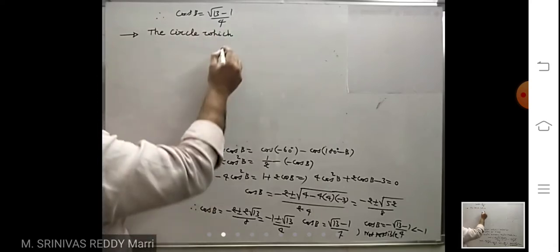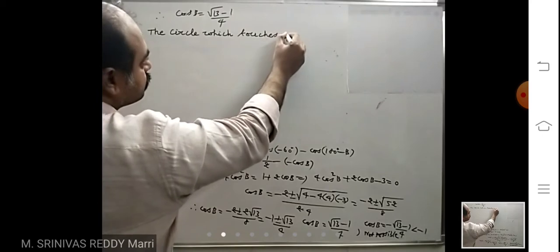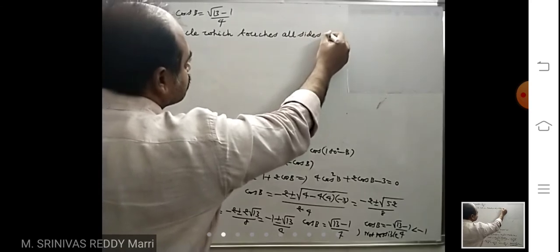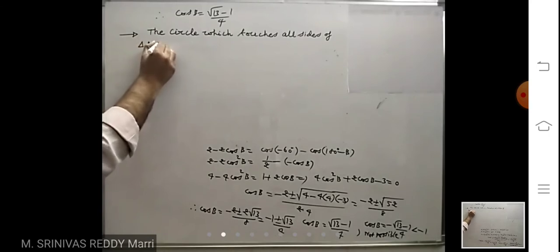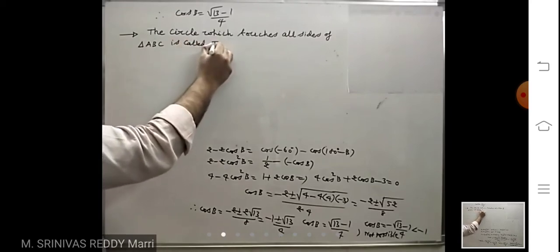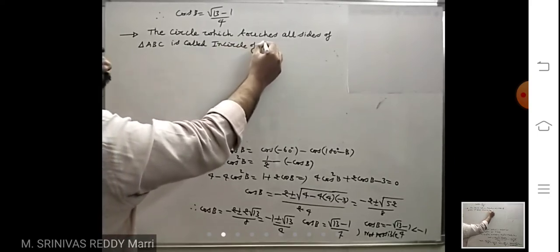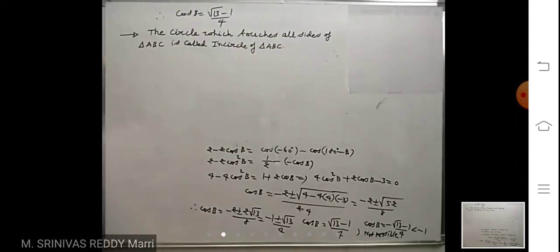The circle which touches all sides of triangle ABC is called the incircle of triangle ABC.